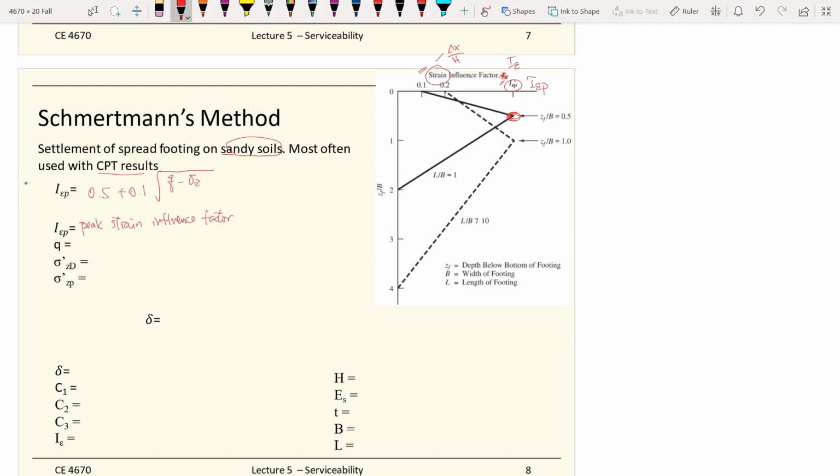So that's why Cp is important, divided by the two stresses. And the q here is the bearing stress, which is your CPT measurement. And sigma zD is the vertical stress at depth D below the ground surface.